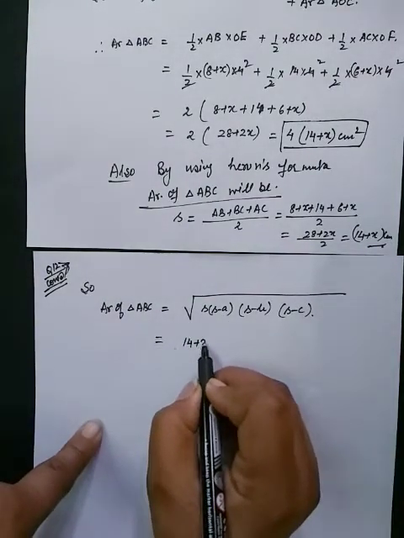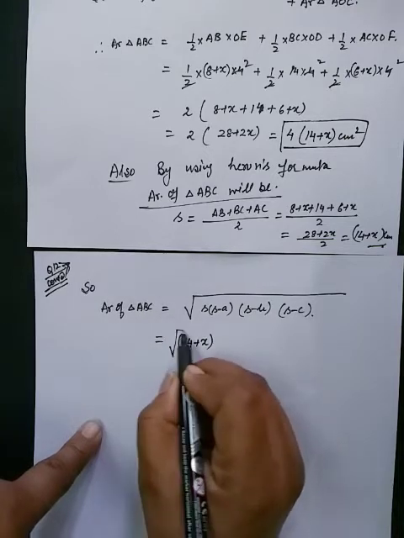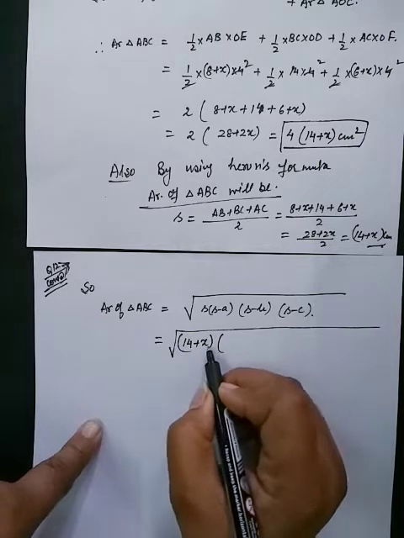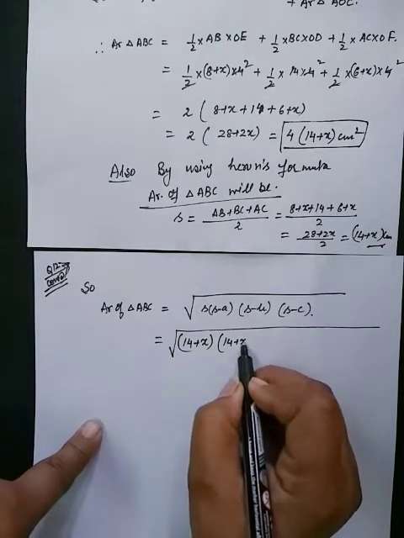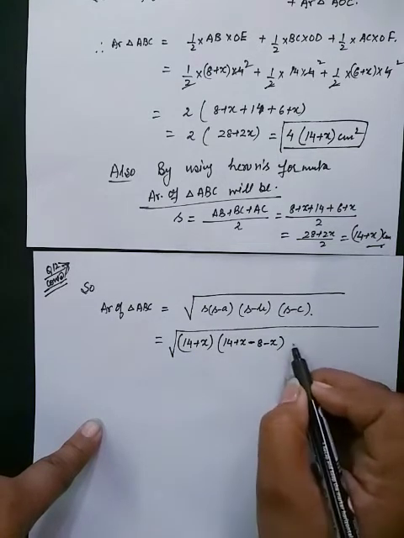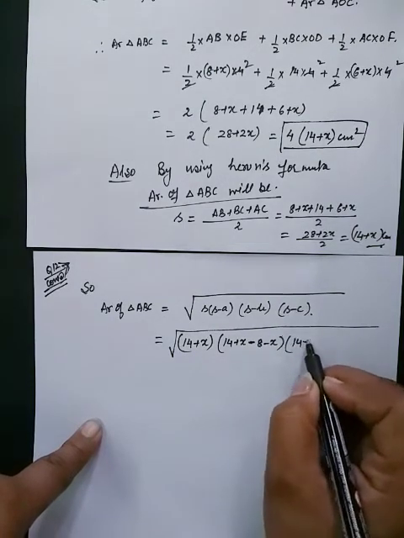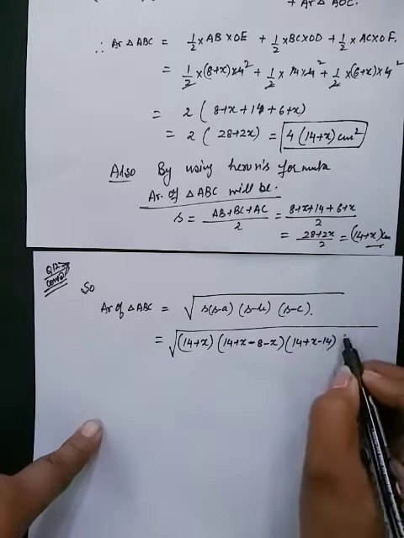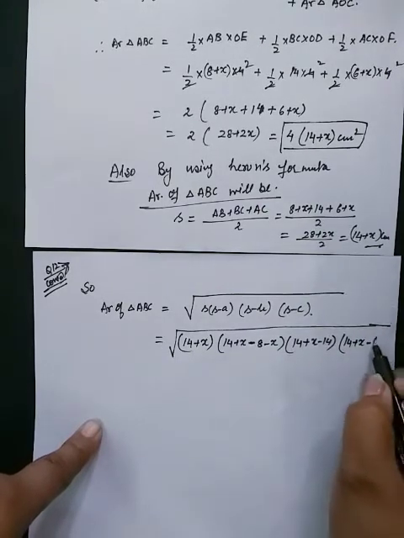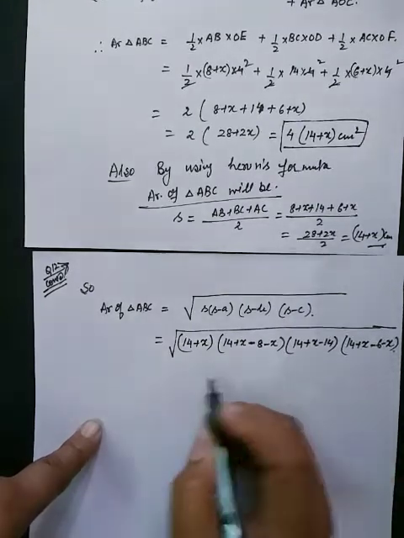And semi-perimeter S is 14 plus x. So we can write it as 14 plus x into 14 plus x minus first side, 8 minus x. Here we have to change the sign. 14 plus x minus 14, 14 plus x minus third side, it will be minus 6 minus x.